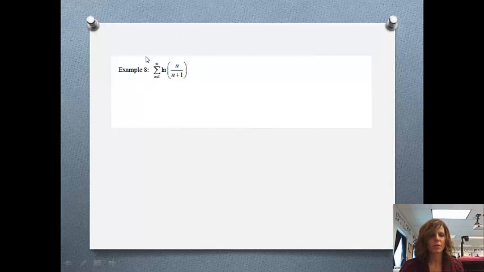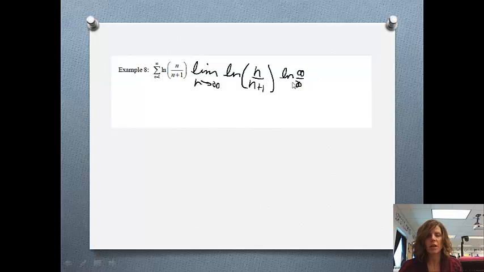All right, let's sneak down to example 8. We would like to find the sum of the series n equals 1 to infinity of the natural log of n over n plus 1. Please remember, for using the nth term test, we're going to be finding the limit as n approaches infinity of the natural log of n over n plus 1. The first thing we'll always try to do is plug in infinity, and if I do that, I'll get the natural log of infinity over infinity, which is indeterminate, so that allows me to use L'Hopital's rule.